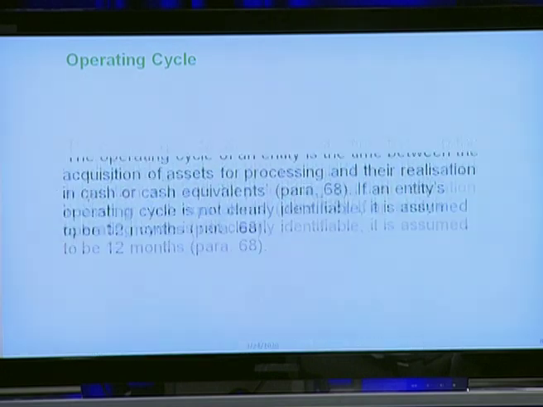Okay, in line with the types of assets which we have looked at just a minute ago, since we came across a term known as operating cycle, I am also going to give you the meaning of operating cycle.